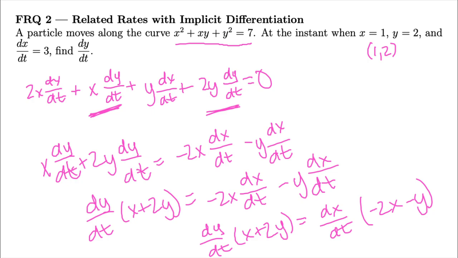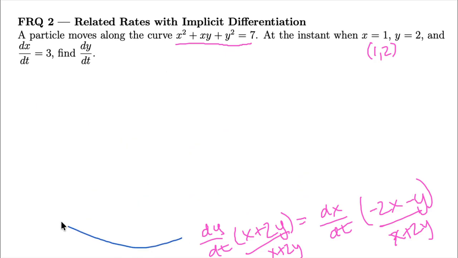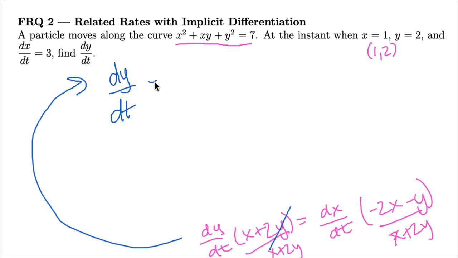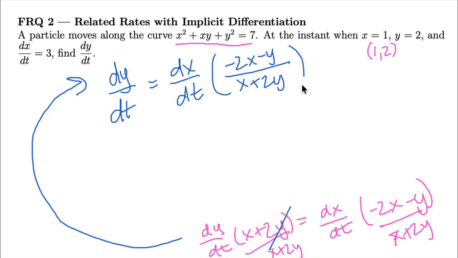Now we are going to divide by x plus 2y on both sides. I cleaned up the screen a little bit, and I'm going to continue on with blue ink so that you can follow along. So this cancels out, and I get dy/dt is equal to dx/dt times (negative 2x minus y) over (x plus 2y).